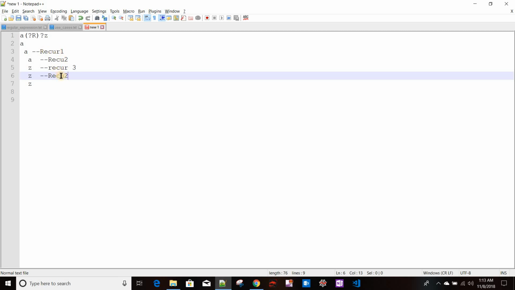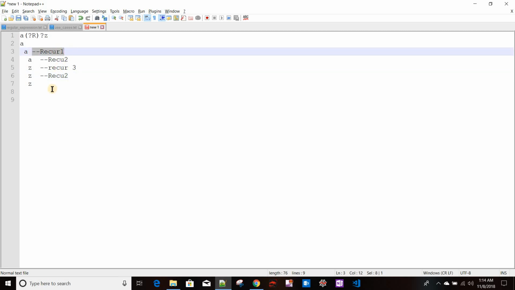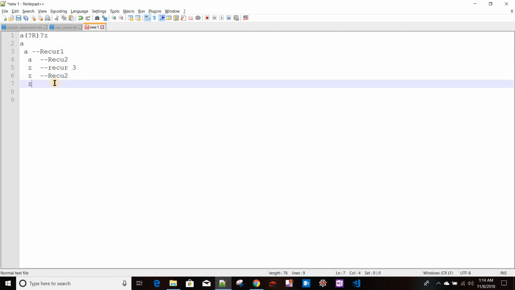When it moves to recursion 1, again only the Z part is left, so it matches another Z. When it moves back, it finds all the Z's. So this is how recursion works. Whenever it finds recursion, it goes inside and inside, basically like a stack. Whenever it comes out of recursion, it is unstacking it.